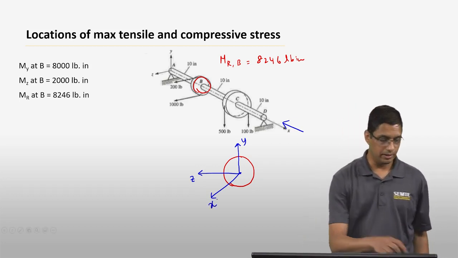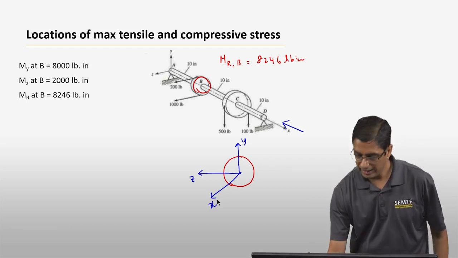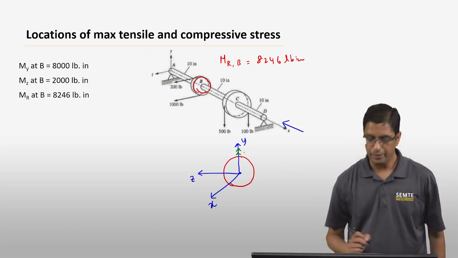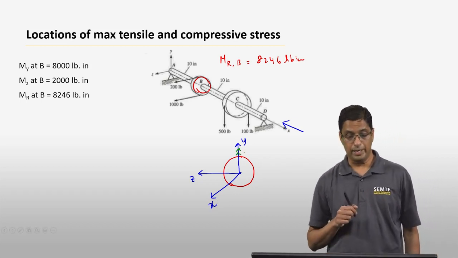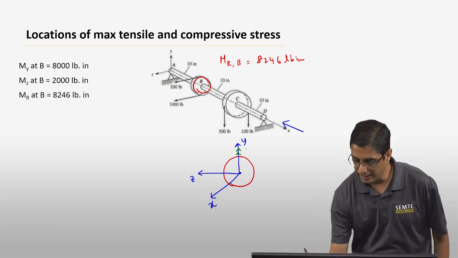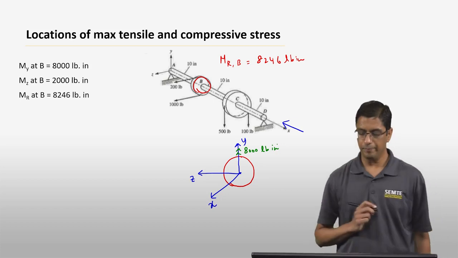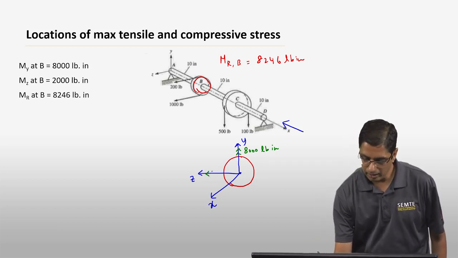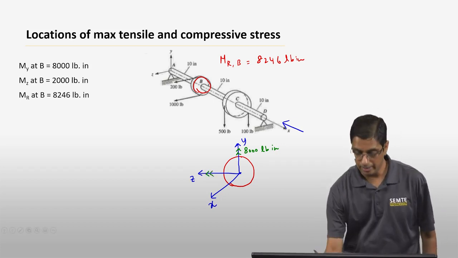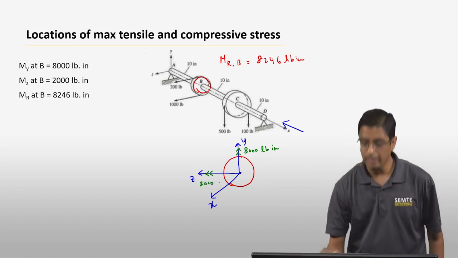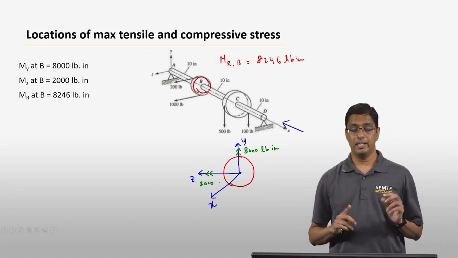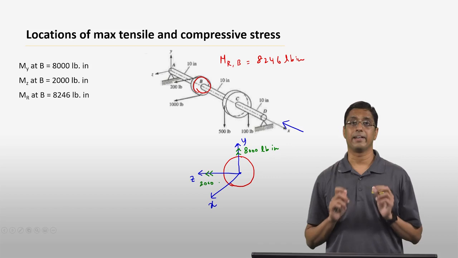Okay, so now let me write down the bending moments. We know that the bending moment my at point B is 8,000 pound-inches. Okay, and the bending moment along the z direction is 2,000. Okay, and I want you to remember that these are the bending moments with the correct sign.